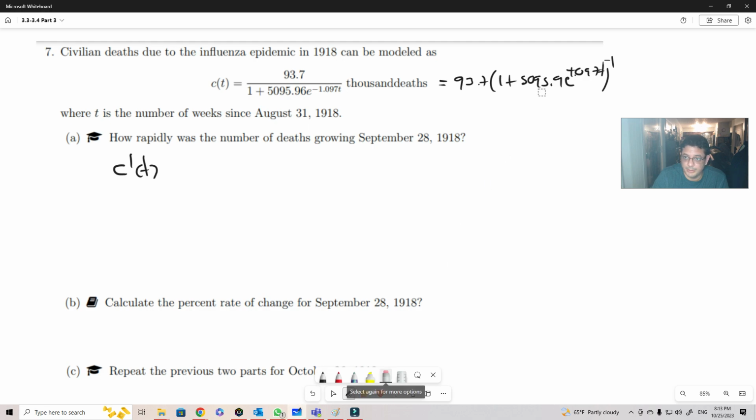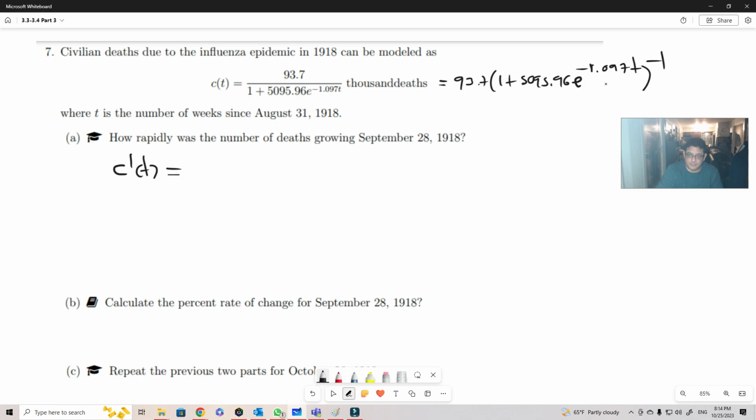I'm running a little bit out of space here, so let me rewrite this more clearly. Okay, if I apply the chain rule here, this is going to give me this.